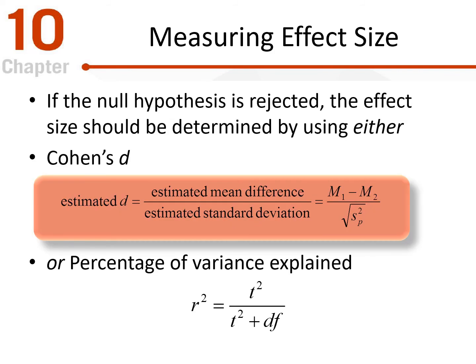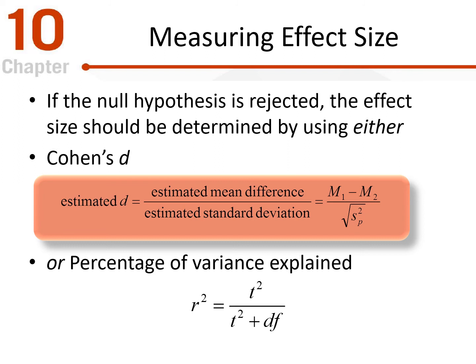Now to measure the effect size, we can estimate it using Cohen's d. Cohen's d is the estimated mean difference, so mean 1 minus mean 2, divided by the estimated standard deviation, which is the square root of the pooled variance, square root of s squared sub p.